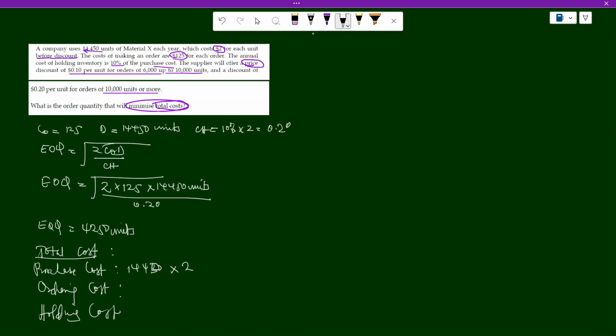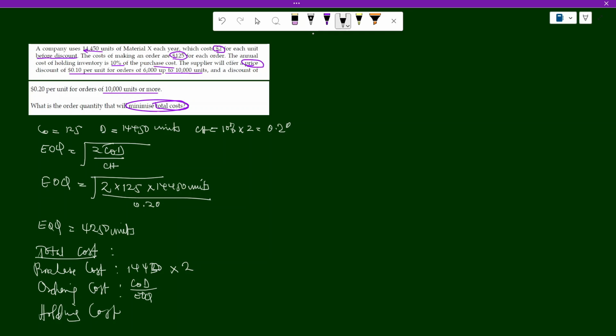The ordering cost is going to be, your ordering cost was given to us as the cost of ordering multiplied by annual demand divided by the economic order quantity.